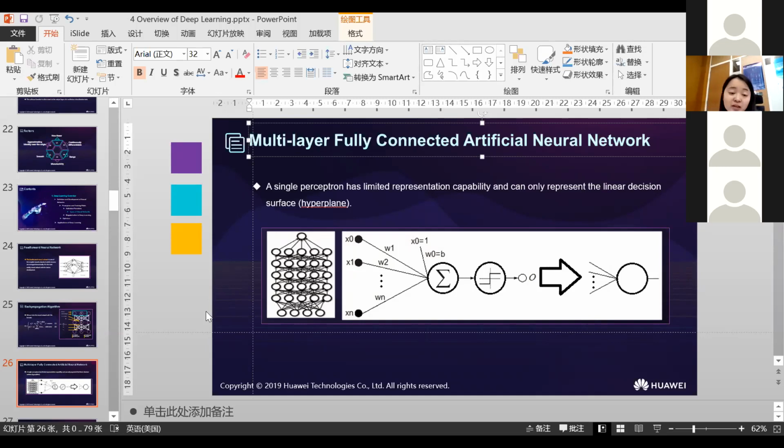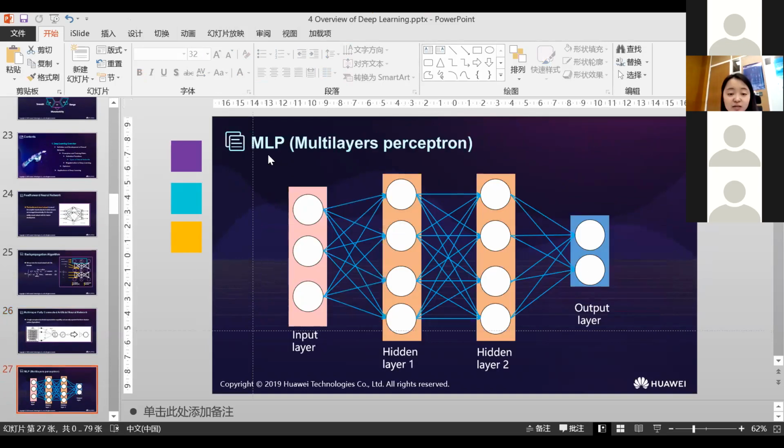So that is an example of a multi-layer fully connected neural network. We can also call it a multi-layer perceptron, that is MLP.